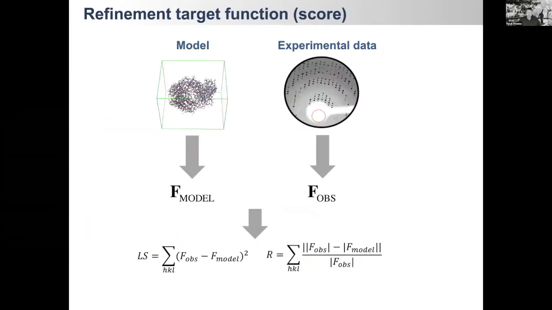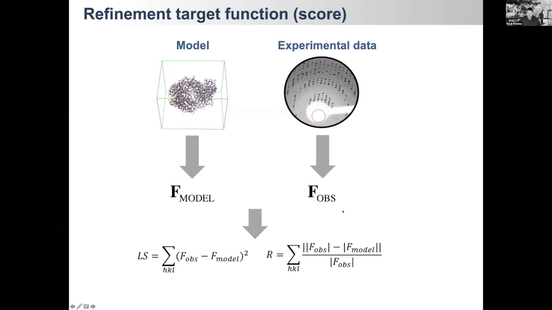Well, basically, as I just said, from the experimental setup you get your data, which we refer to as FOBS, an array of structure factor intensities or amplitudes. And it turns out if you have an approximate model, which is your macromolecule sitting in the crystal with bulk solvent around it, you can calculate, and we will talk about how you calculate it a bit later, structure factors from your model.